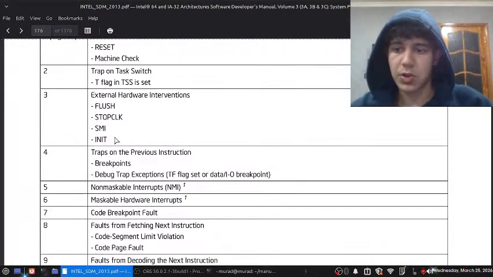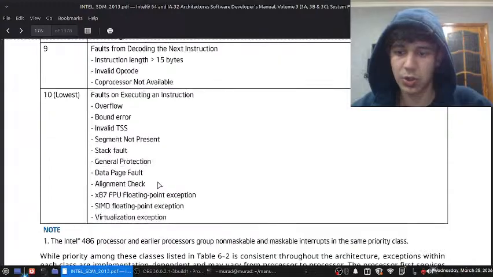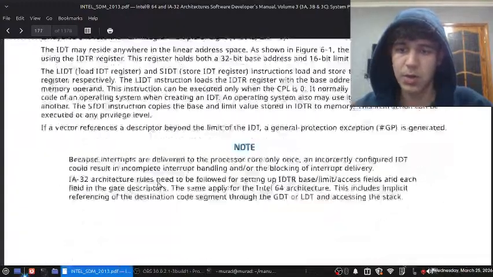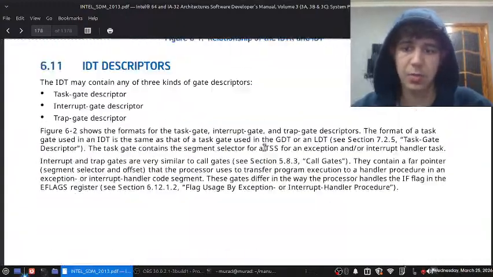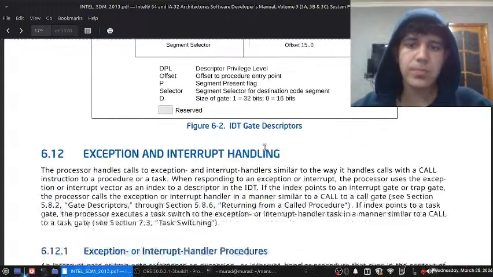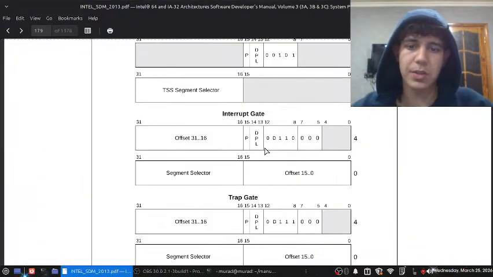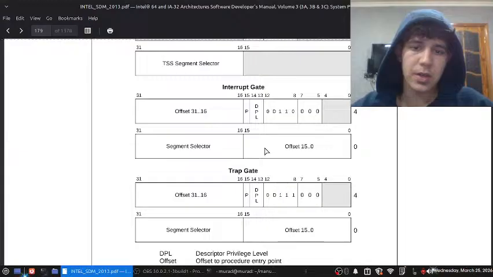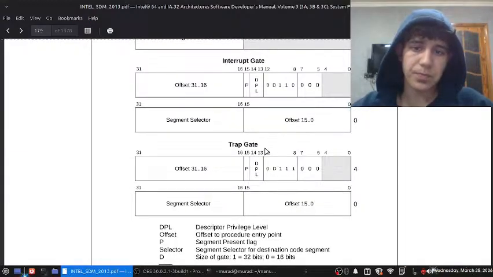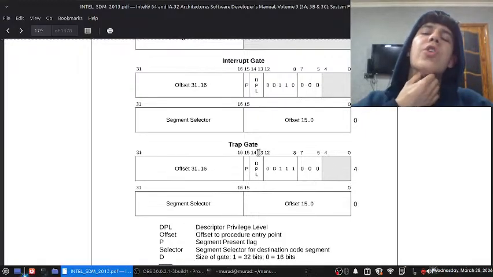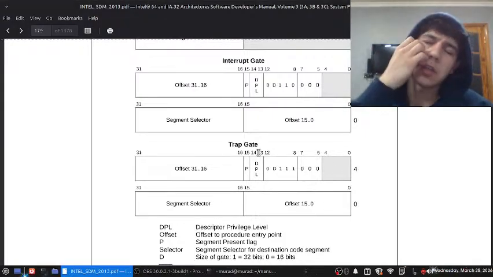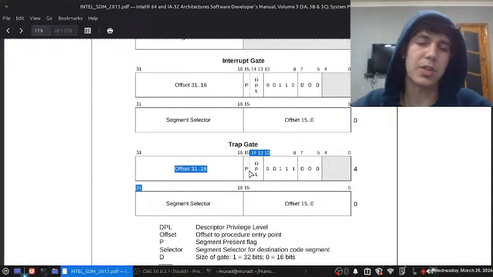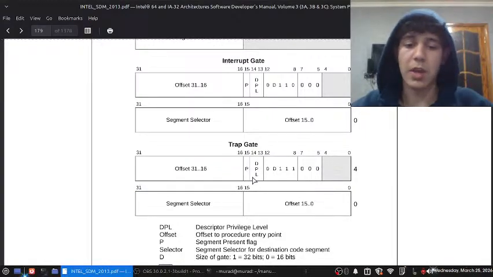The INIT interrupt, flush, they are cache things, a caching mechanism. There is a trap gate and an interrupt gate. As you can see, the interrupt gate is affected by the interrupt flag in the EFLAGS register, and the trap gate does not change any flag, the interrupt flag.